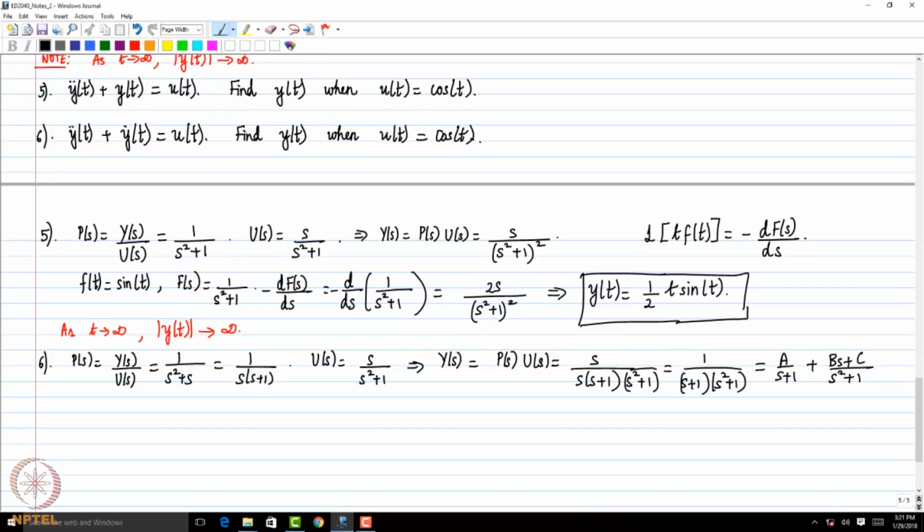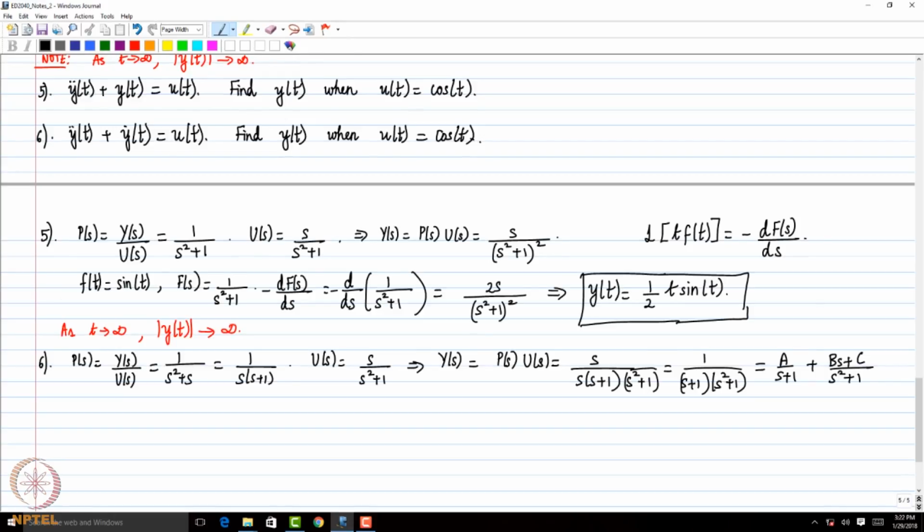Pole is a characteristic of the system or the plant. Here the cancellation of s was a mathematical operation which came in due to the specific nature of the input that we have. But in general, we have a more subtle idea which is called pole zero cancellation. We will come there when we go deeper into control system design.